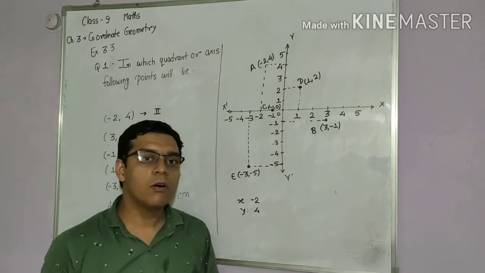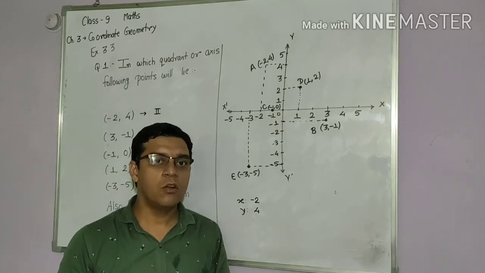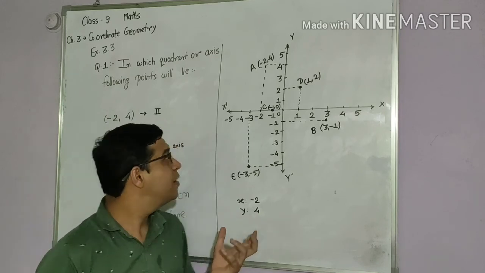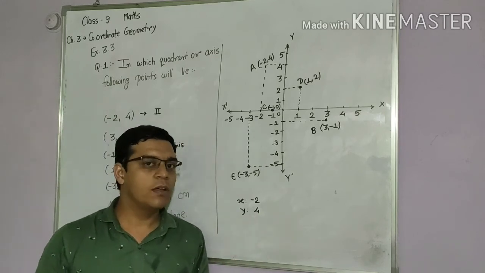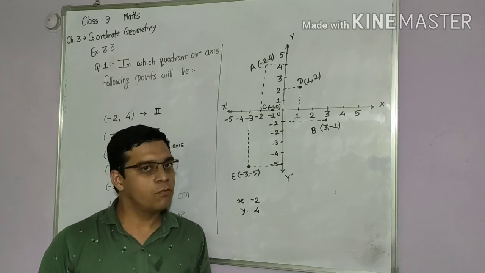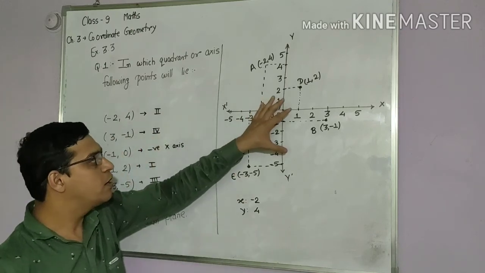So this is all about chapter 3, coordinate geometry. This is a very easy chapter. What we have to understand is that there are 4 quadrants. This plane is called the Cartesian plane.